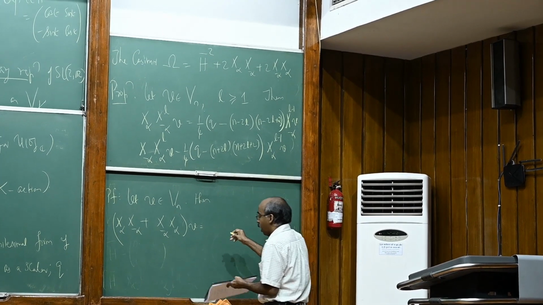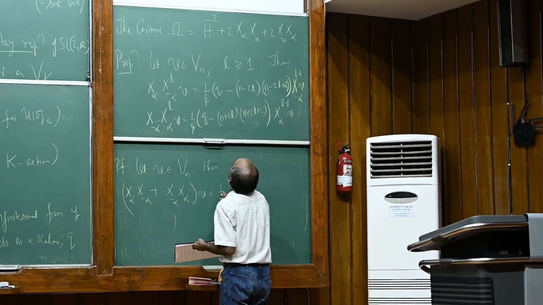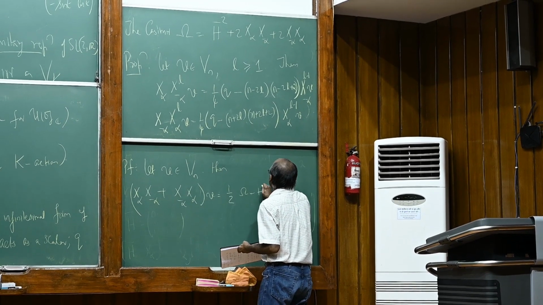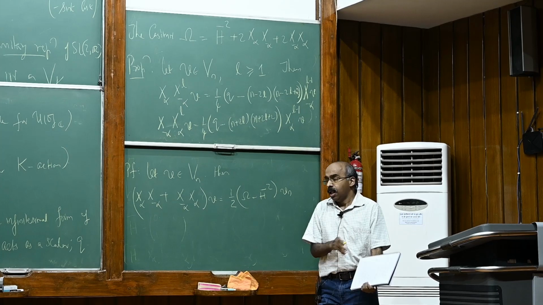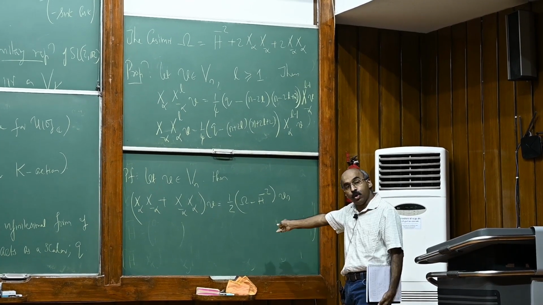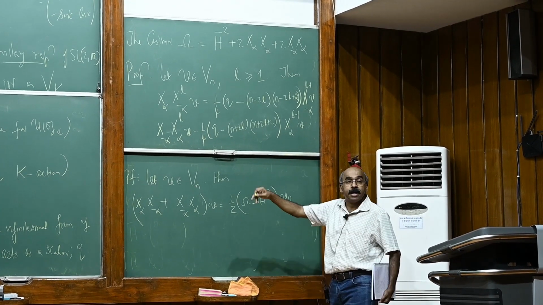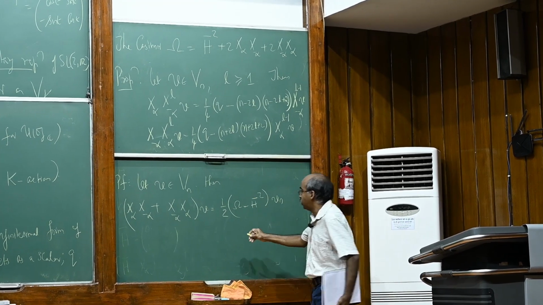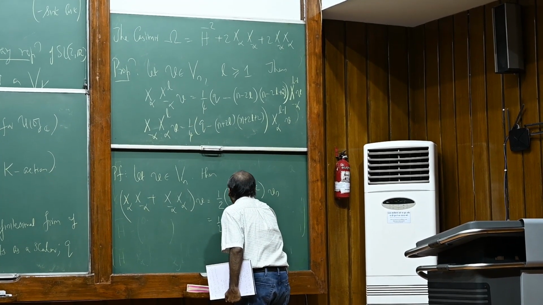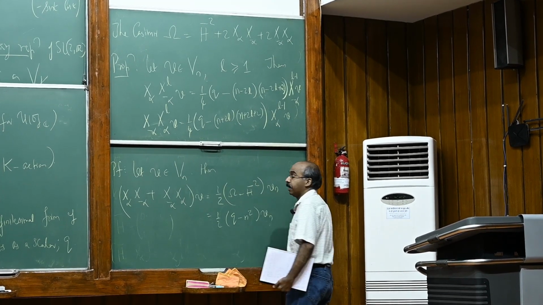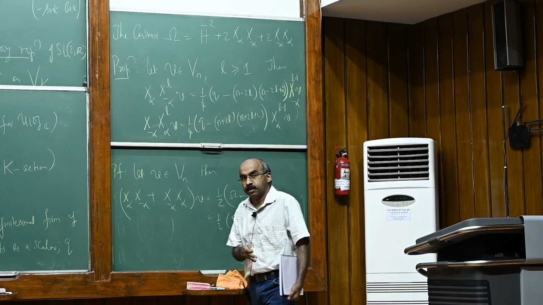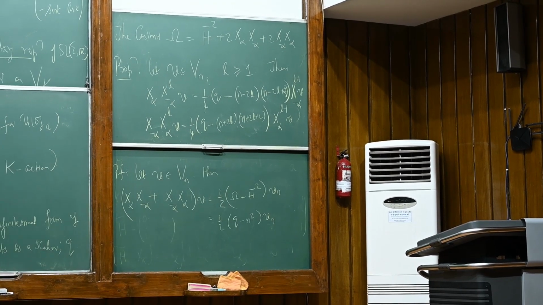So that is simply half omega minus x bar square acting on Vn, right? But I know omega acts like Q and x bar acts like multiplication by n, right? So this is simply half Q minus n square times Vn. Fine?